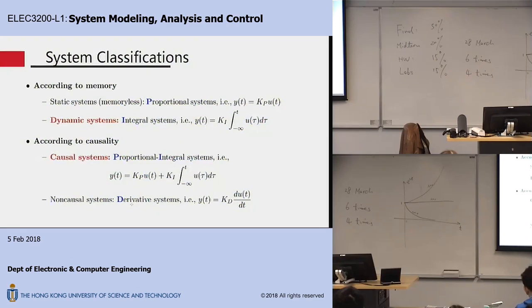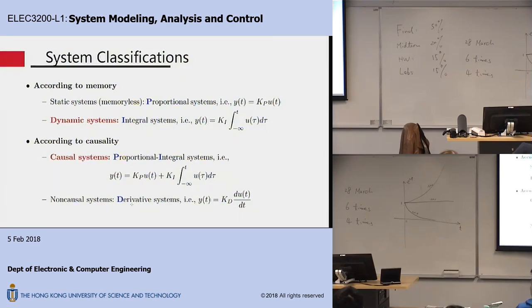Now a non-causal system: the output of the system at this particular time depends on the future input. That sounds strange, right? Indeed, that's strange. There is no physical system like that.